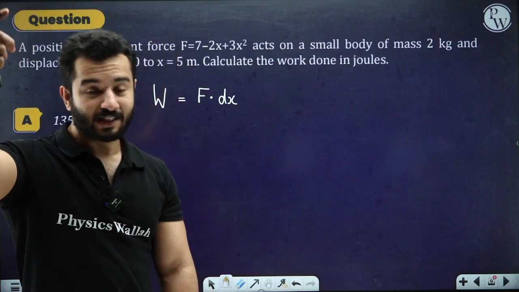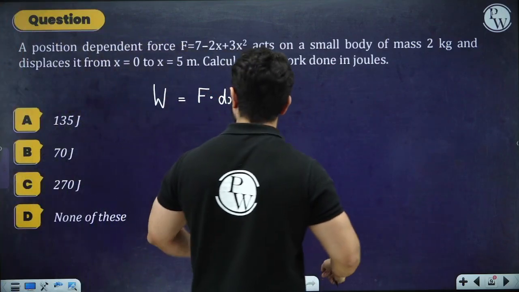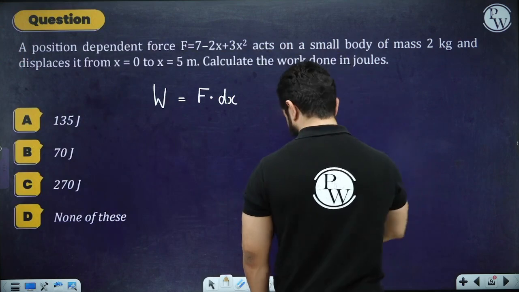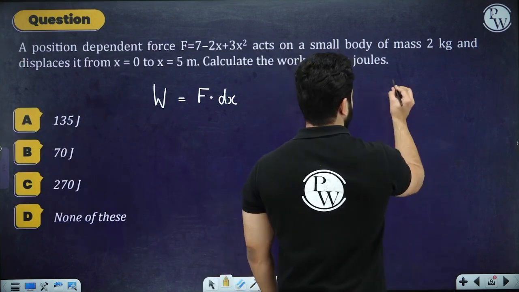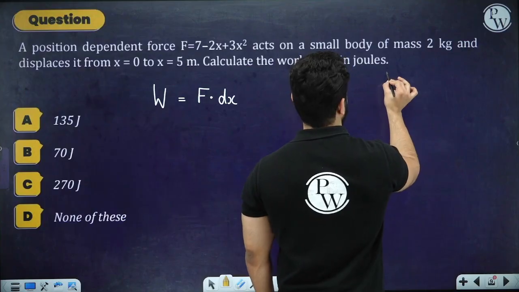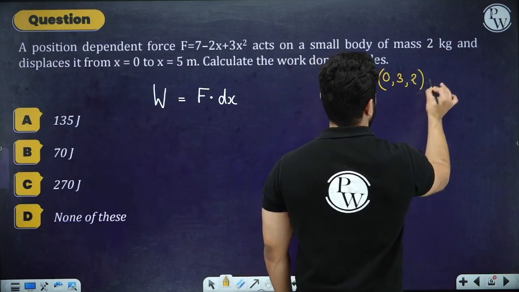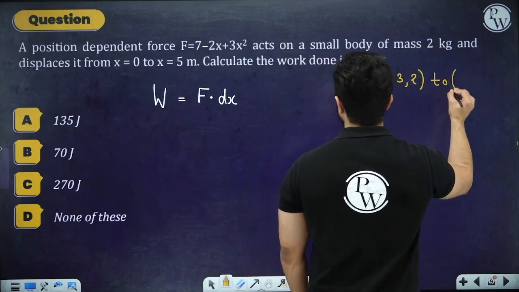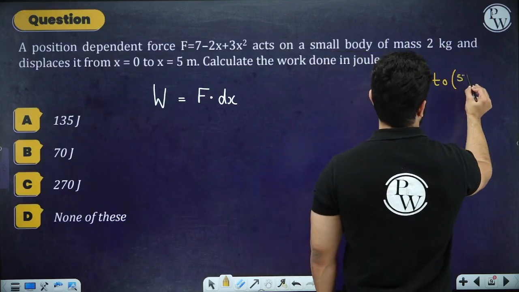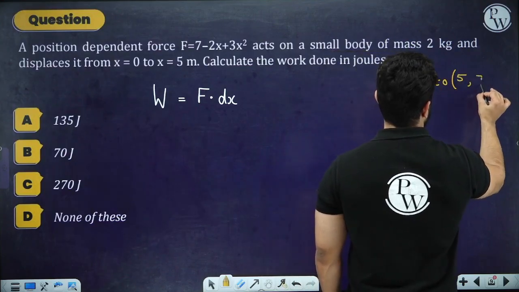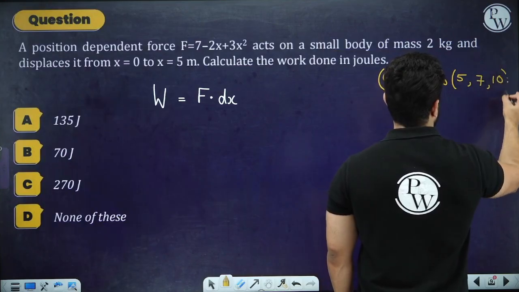Sometimes they'll confuse you. They'll write it something like this: the body displaces from 0, 3, 2 to 5, 7, 10, right?